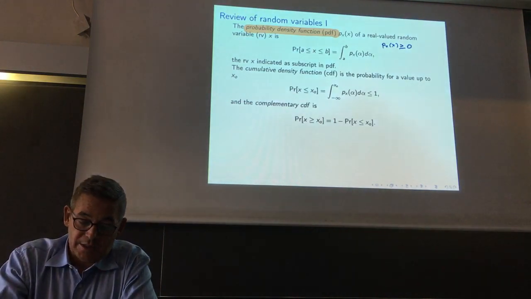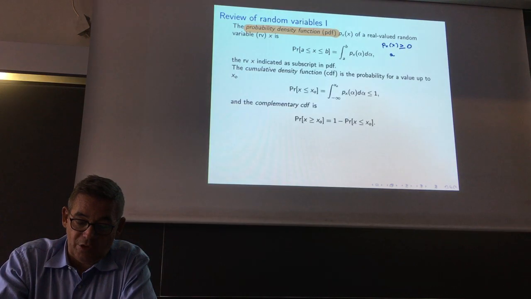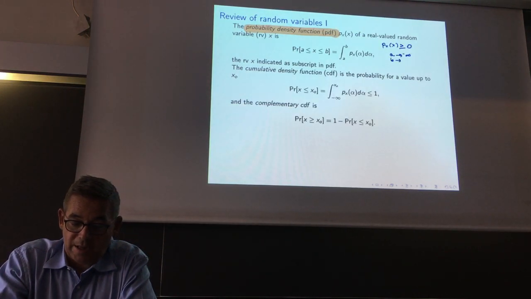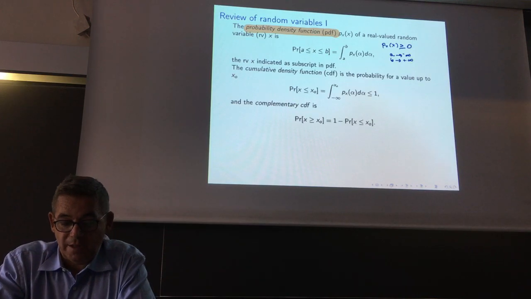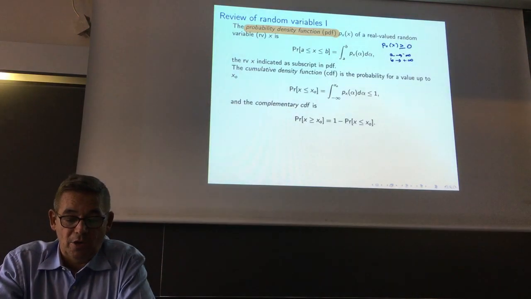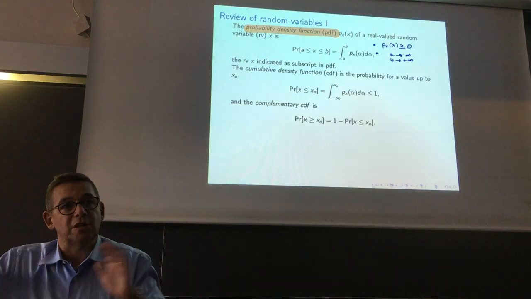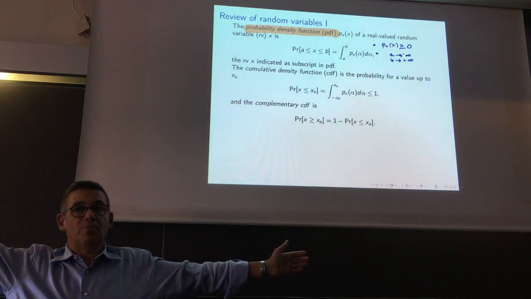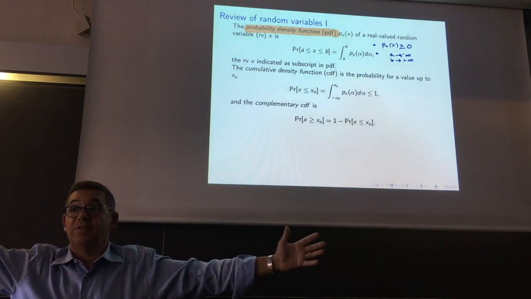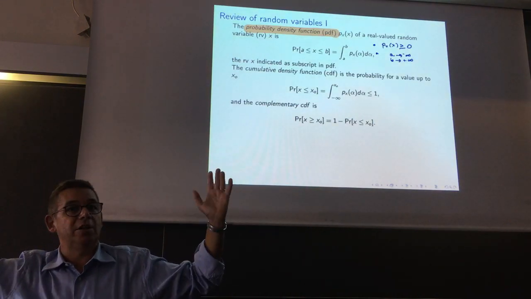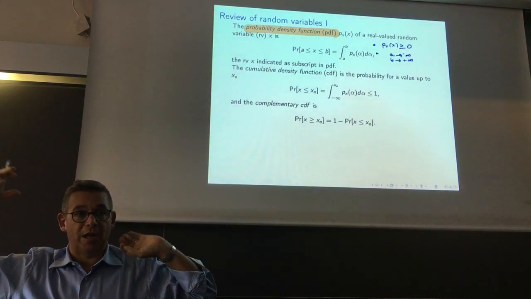Second, since I can take a going to minus infinity and b going to plus infinity, what do I mean? I mean that if the extremes go from minus infinity to plus infinity, I include any value of the random variable x.